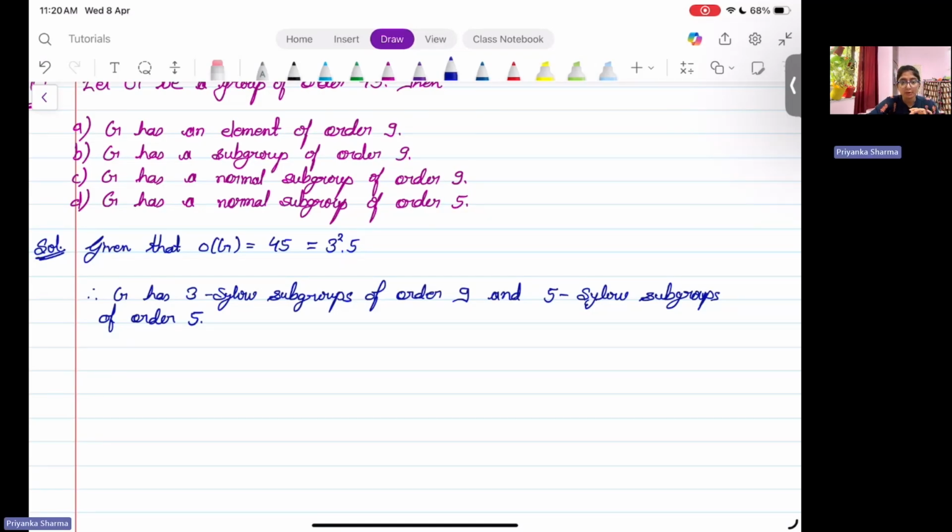G has a subgroup of order 9, and that subgroup will be a Sylow subgroup. So till now we can say that option B is correct.